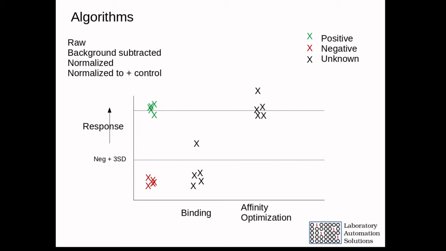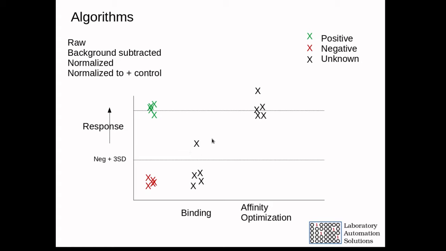Consider two different categories of assays: binding assays and affinity optimization. In a binding assay, for example, you might be screening antibodies for binding to an antigen. You would set a threshold that is the mean of the negative controls plus 3 standard deviation units.